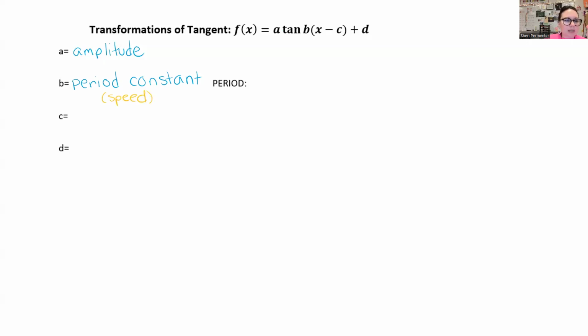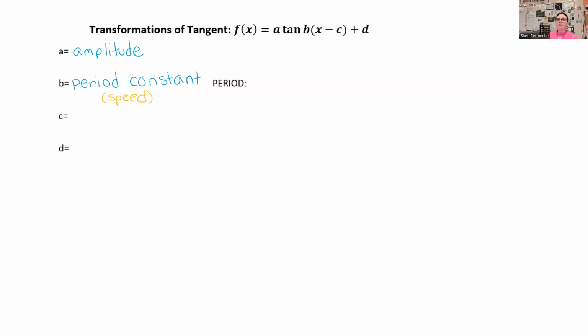The period constant can really confuse students. So the period constant is your speed, and it's a little harder to see on tangent. It'll be a little easier for me to illustrate for you when we start graphing sine and cosine.